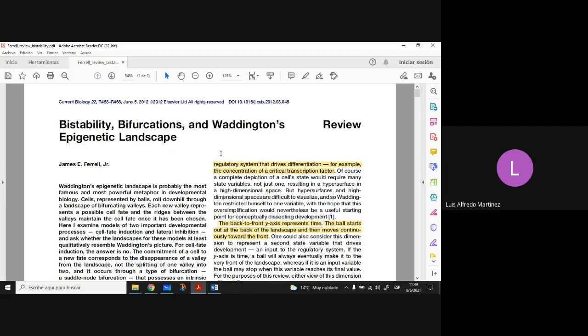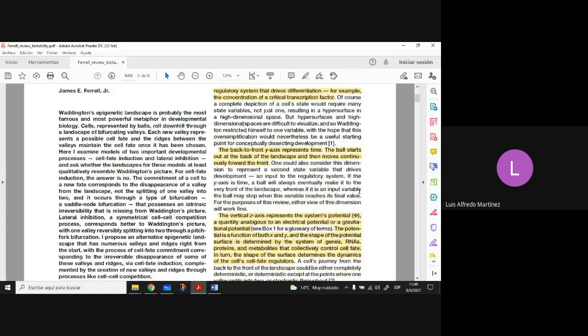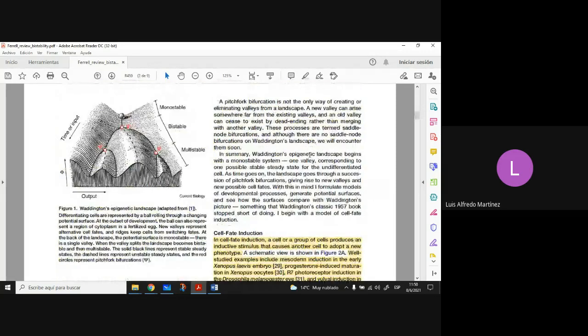The epigenetic landscape represents how a cell progresses from the undifferentiated state to one of a number of distinct differentiated cell phases. During development, the epigenetic landscape is in these figures.